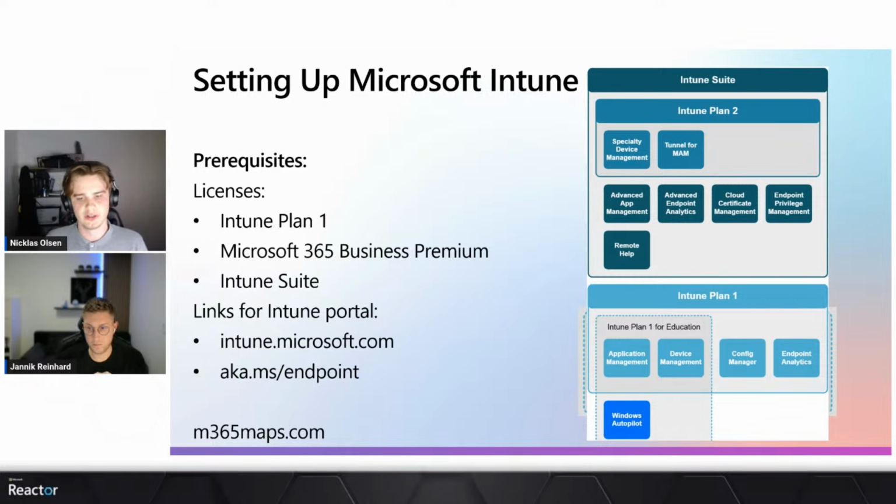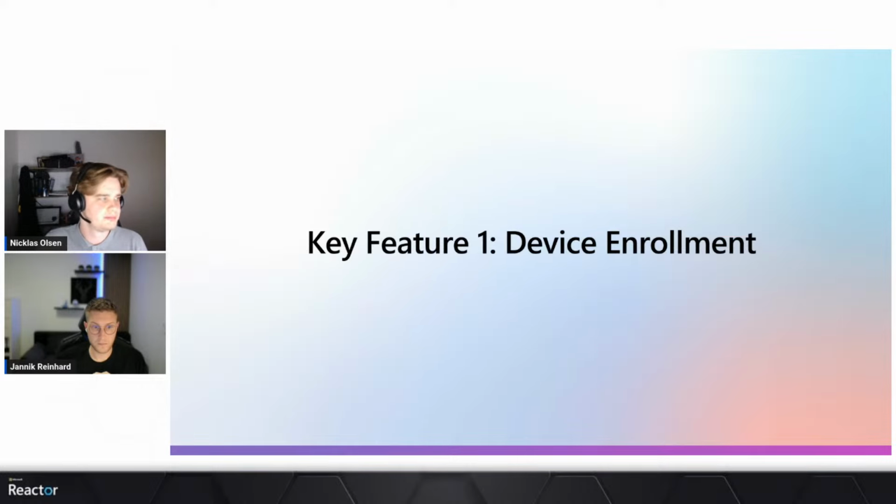It's a great community website where you can see all the licenses, but also which features are included in which license. And this will give you a good idea about which license should be good to use if you are looking into Microsoft licenses. So yeah, that was a little bit about setting up Microsoft Intune. So let's get to the first key feature, Yannick.